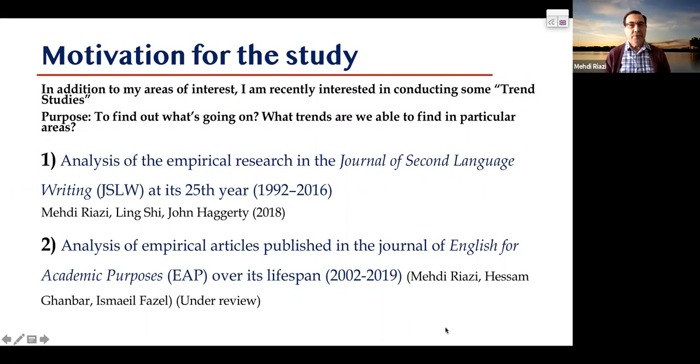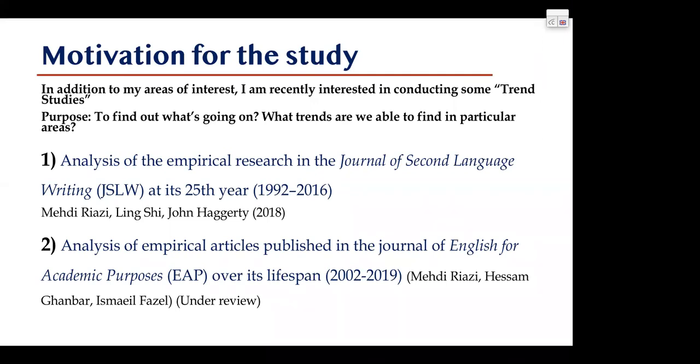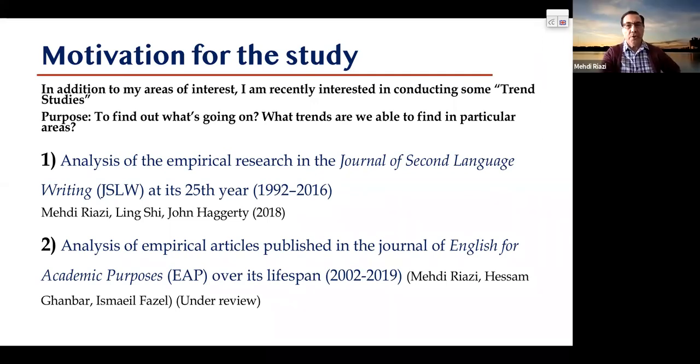Some of these trend studies, for example, we did an analysis of the empirical research in the Journal of Second Language Writing over its 25th year of publication, and it was published in the Journal of Second Language Writing in 2018. The other trend study that I have been involved in and have completed is an analysis of empirical articles published in the Journal of English for Academic Purposes, again over its lifespan.